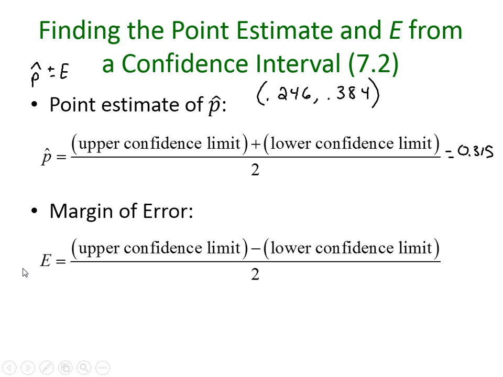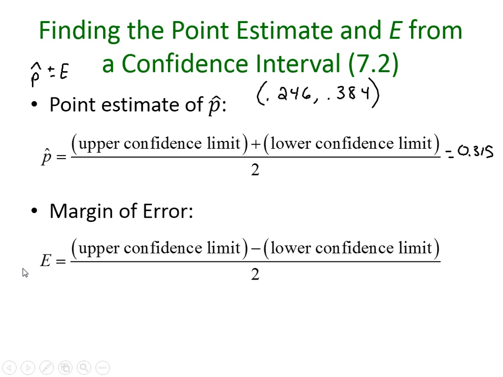That is my sample proportion. If I want to know my margin of error, the amount that I can add on or subtract from this to figure out my extremes, then I want to know the difference between those two extremes. How far have I added and subtracted? And I want to cut that in half because half of it was added to go above, half of it was added to go below.